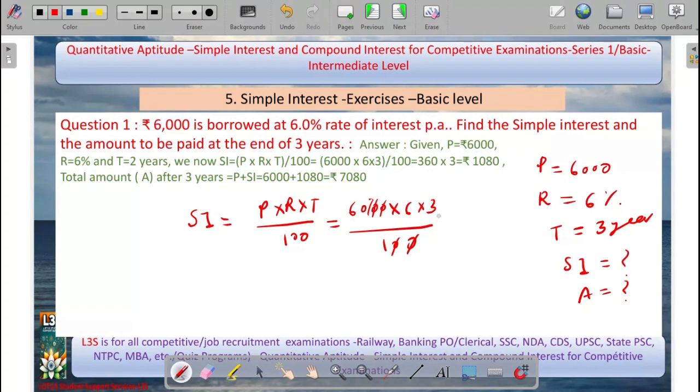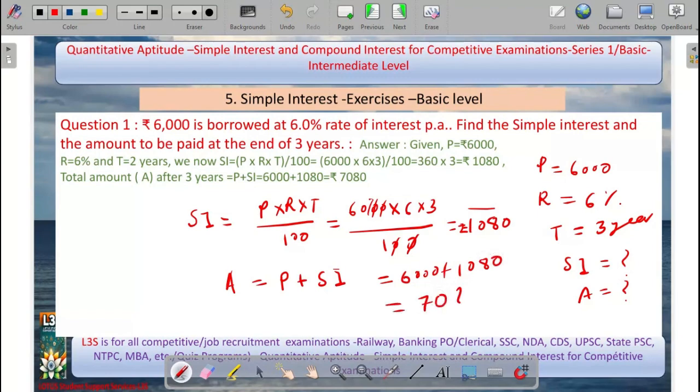So 60 into 6 into 3, so we get 1080. So simple interest after 3 years will be rupees 1080. Now the amount after 3 years will be principal amount plus simple interest. So principal amount is 6000 plus 1080, so 7080 is the amount we have to pay after 3 years.